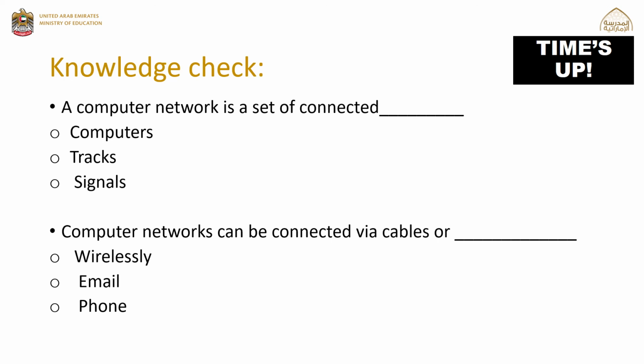So time is up. The first question was a computer network is a set of connected. The correct answer is computers. Question number 2, computer networks can be connected via cables or wirelessly.